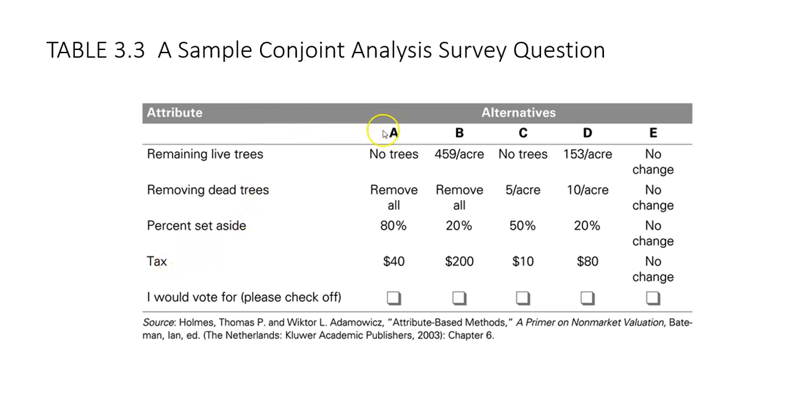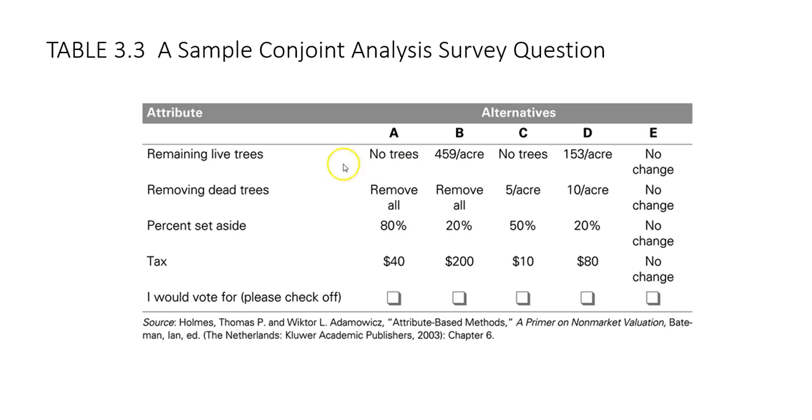The remaining columns are different alternatives, labeled A, B, C, D, and E, where alternative E is the status quo, where there's no change in the management of the forest. And then for alternatives A, B, C, and D, people are presented with randomly assigned levels of the different attributes.